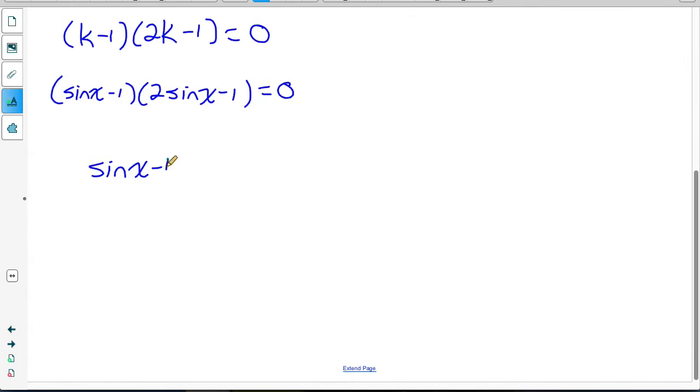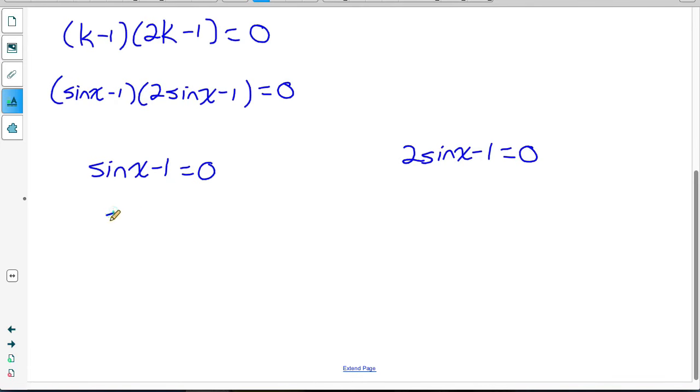So sine of x minus 1 equals 0, and 2 sine of x minus 1 equals 0. So we want to solve these 2 equations. Whenever this factor is 0, it makes the product be 0, and whenever this factor is 0, it makes the product be 0. So let's find all the values for x that make either of those factors be 0, as long as the value of x is between 0 and 2 pi.